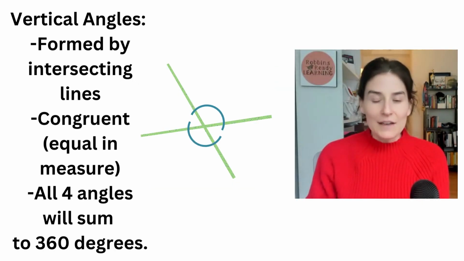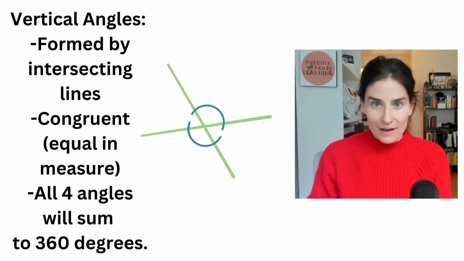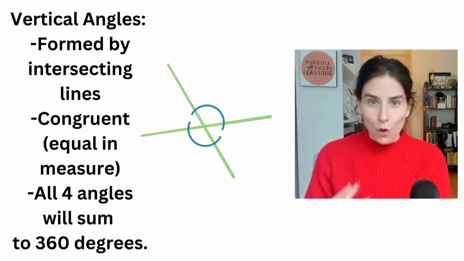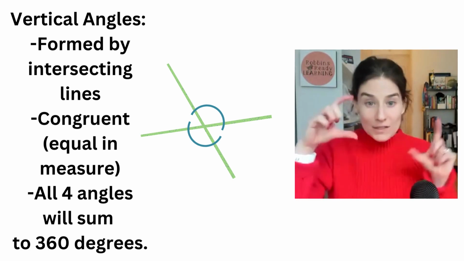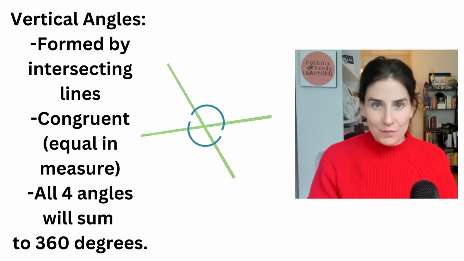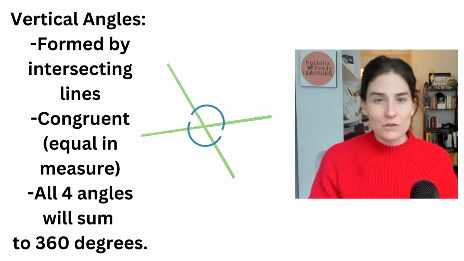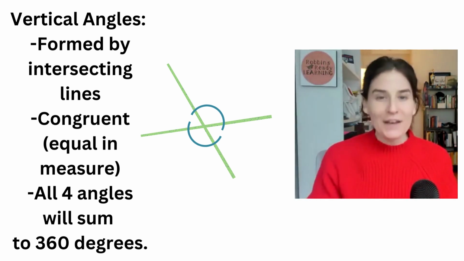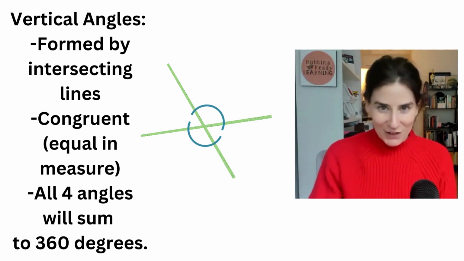The third thing is a pair of intersecting lines, and intersecting lines will always form four angles. The ones that are across from one another are always equal in measure. We call these angles vertical angles, and vertical angles are always congruent, which means they are equal to each other.